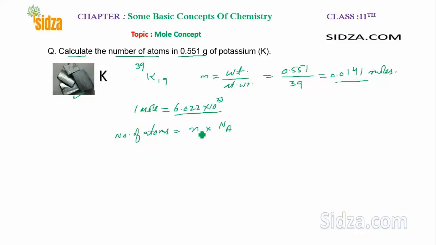Hence, the number of moles we got here is 0.0141 and the Avogadro number is 6.022 times 10 power 23. When I solve it, it is 0.085 times 10 to the power 23, or you can say it is 8.5 times 10 to the power 21 atoms.